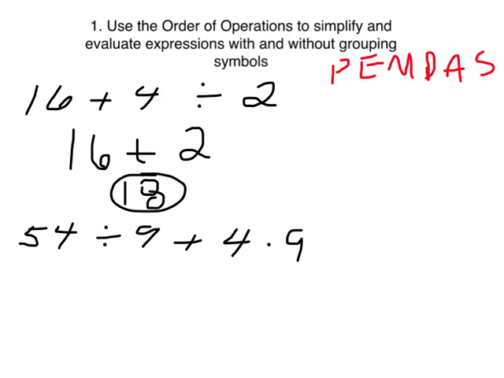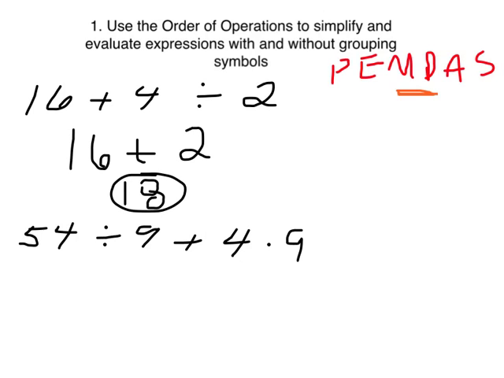Now that example is the simplest order of operations problem we could have because there's only 2 operations. Now let's look at another one. The most operations we'll have in an expression in 5th grade will be 3. 54 divided by 9 plus 4 times 9. Now this is where it can get tricky, and a lot of adults will confuse this too. When you multiply and divide, you do those at the same time from the left and right. You start at the left.